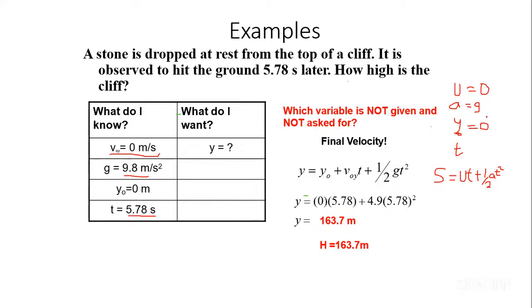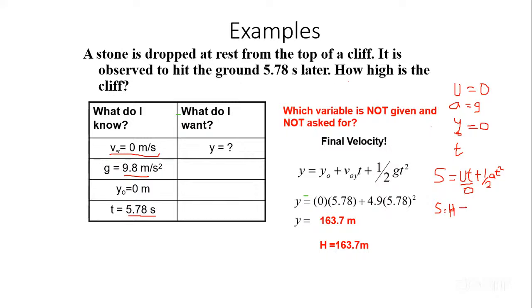We have taken condition u is 0, which means that this part is completely 0. Then a is equal to g, so it means that our s, you can leave s, or you can change x to y, or you can change s to height, h.